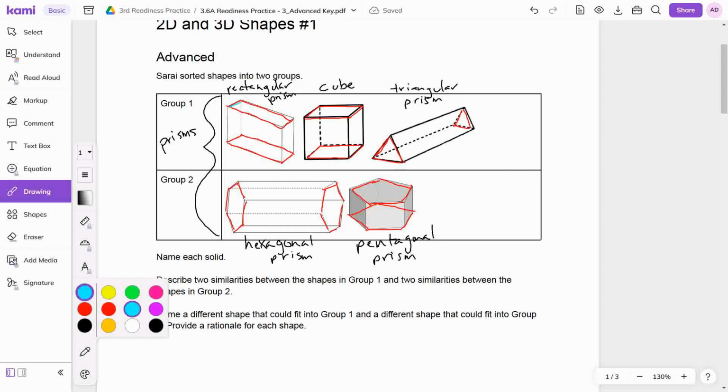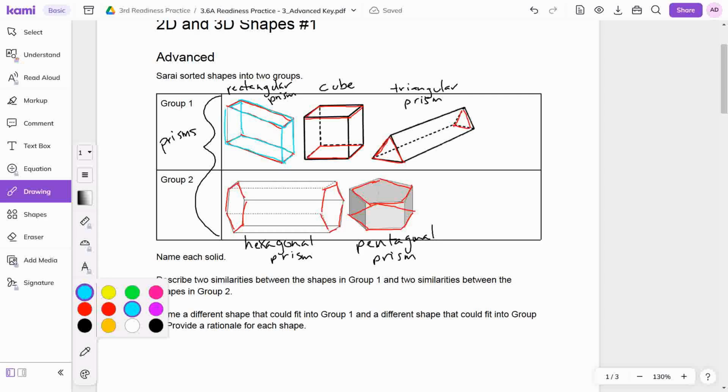If we count the faces, we've got 2 bases, correct? And then we've got 4 faces that connect those two bases. And we know it's 4 because each base is a quadrilateral. It's a rectangle specifically. And so there are 4 sides, so 4 extra faces connecting the two bases.